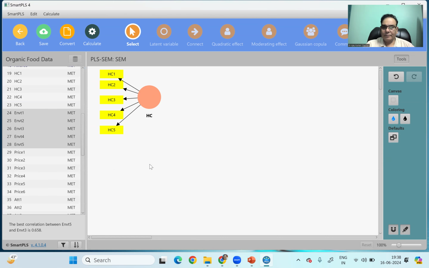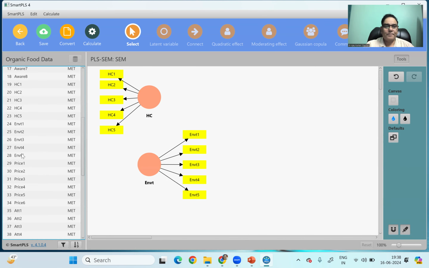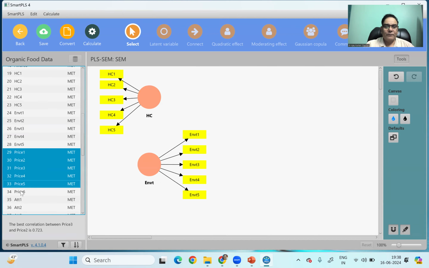Second is the environment consciousness, price of the organic food.